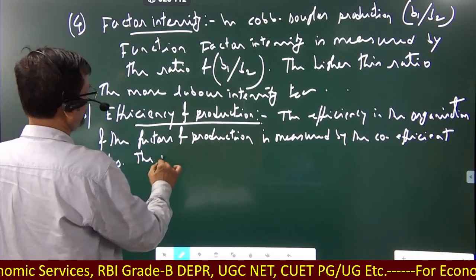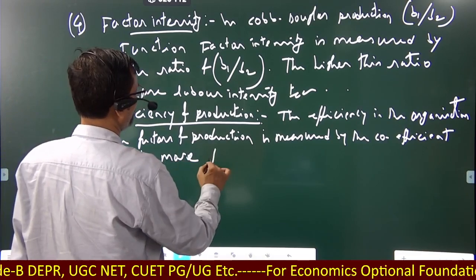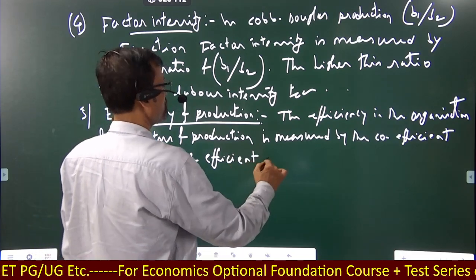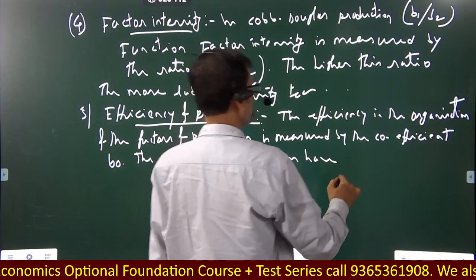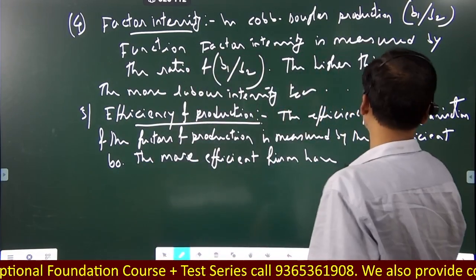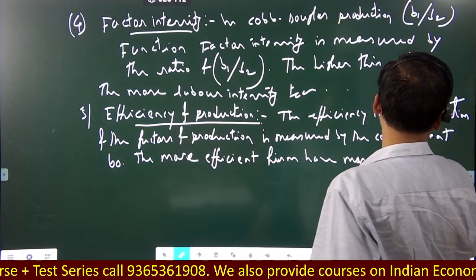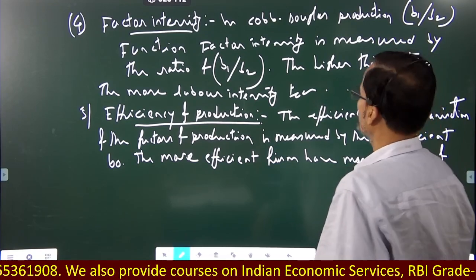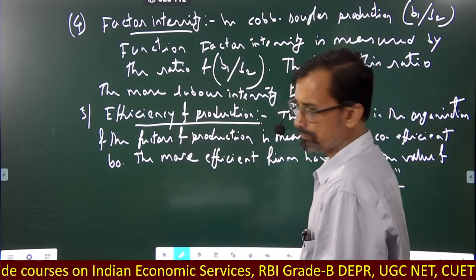The more efficient firm will have a higher value of B naught, in comparison with a less efficient organization.